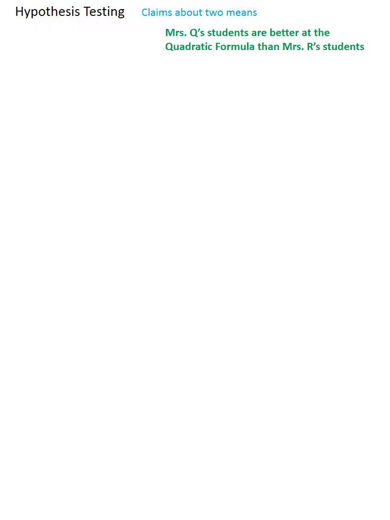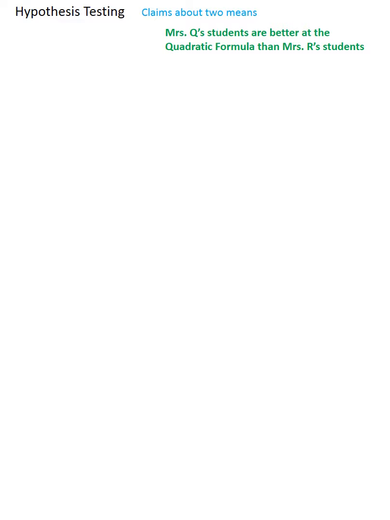Here's another claim comparing two means. The claim is that Mrs. Q's students are better at the quadratic formula than Mrs. R's students. The reason why this is a claim about two means is because suppose that these two teachers both have, say, 150, 200 students, whatever it is, and those are the, quote, populations.